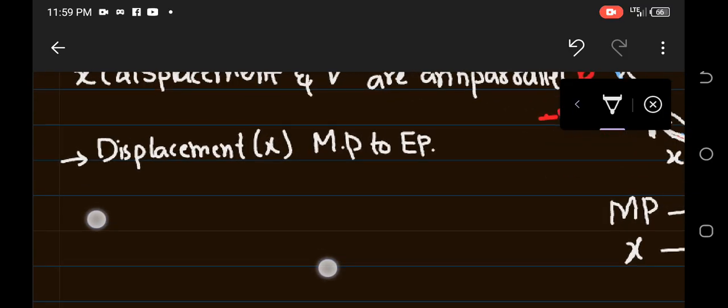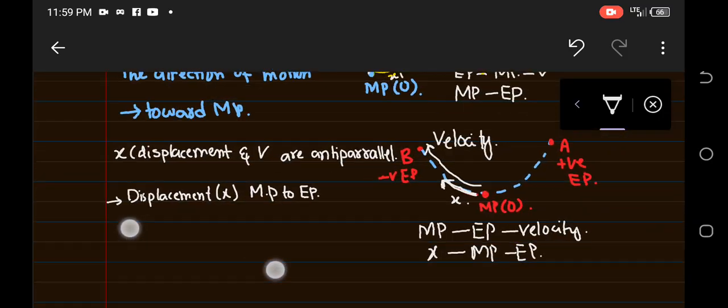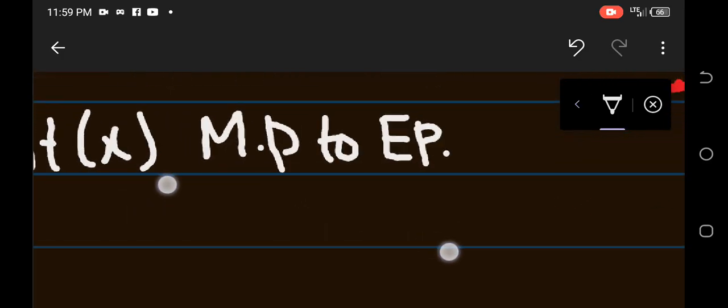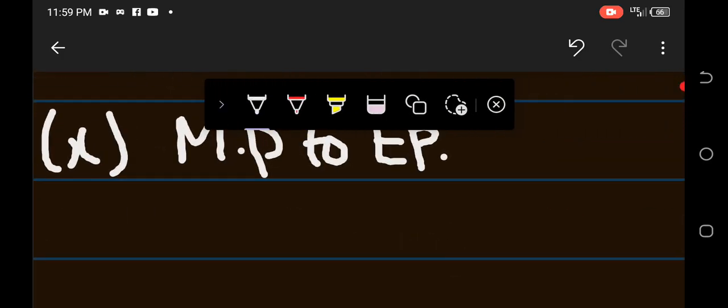So we can say in the second pendulum, from mean position to negative extreme position.